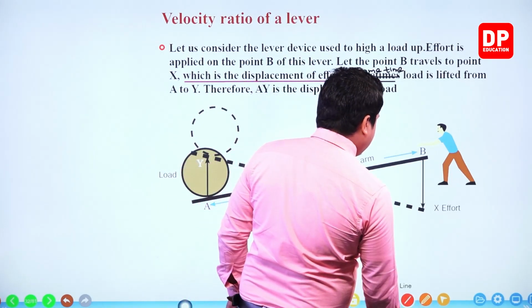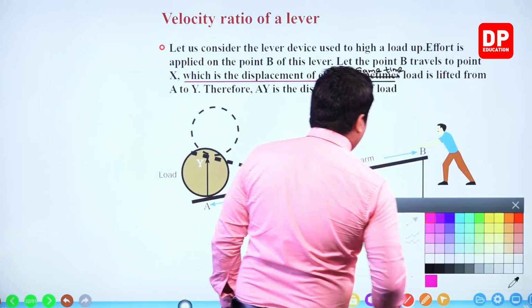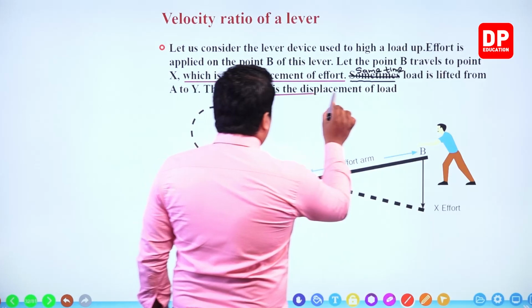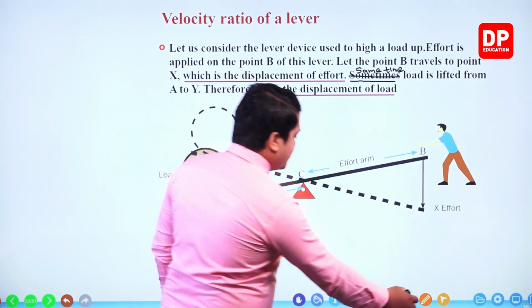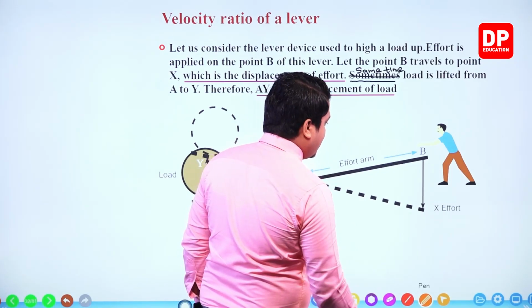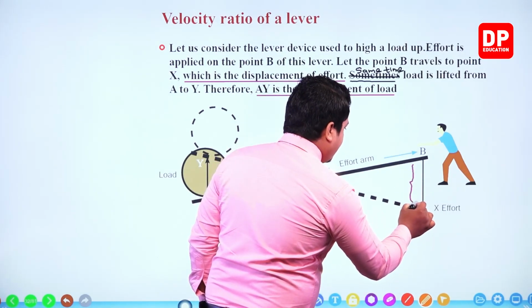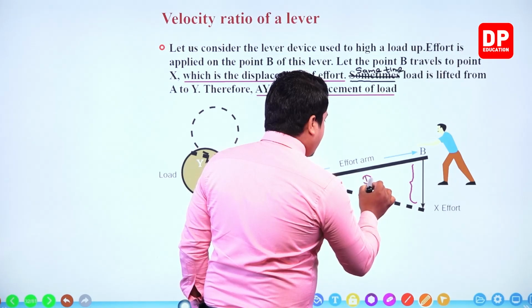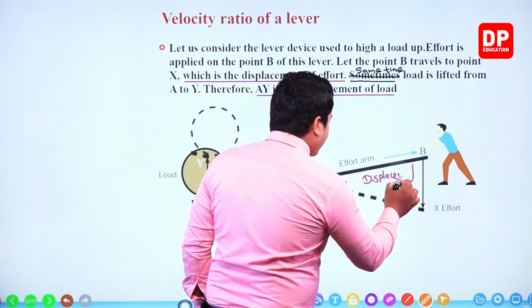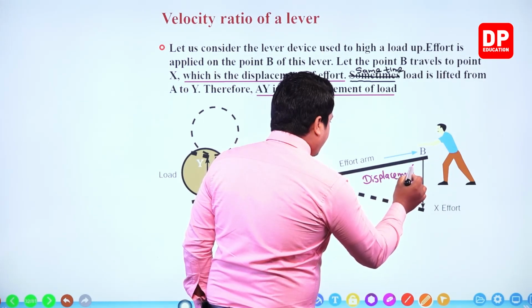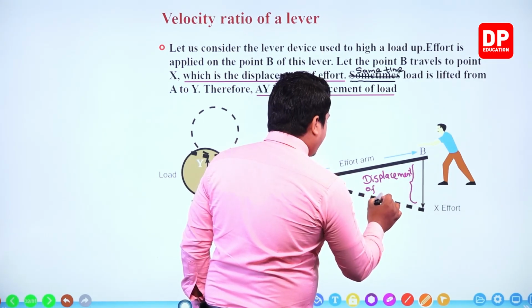So, the second concept, the displacement of the load. AY is the displacement of the load. In simple terms, my dear children, this particular length is called the displacement of effort.